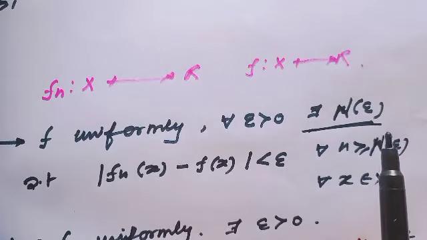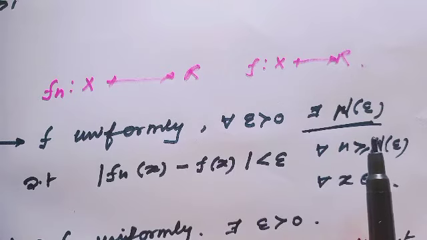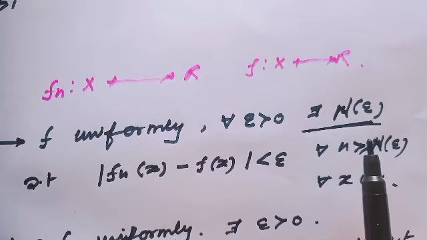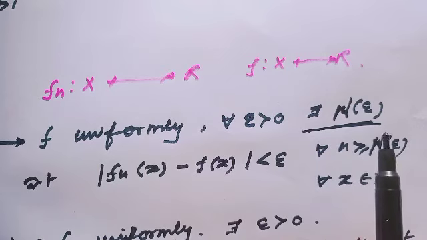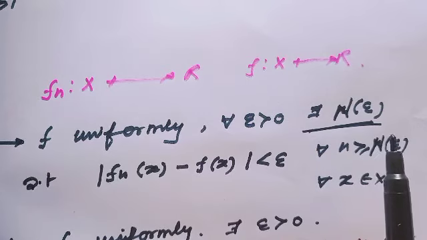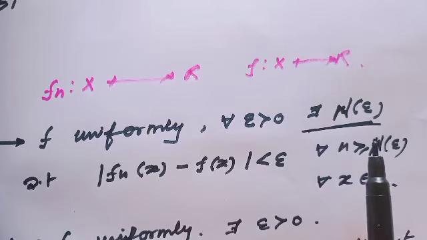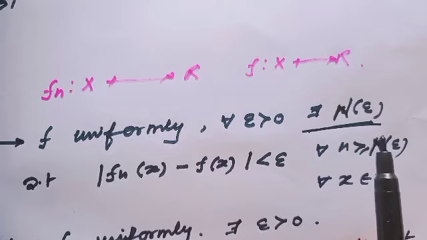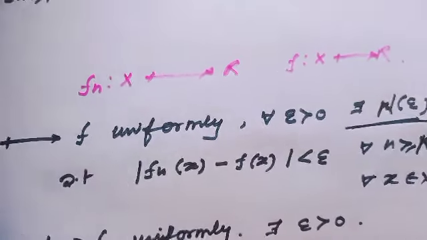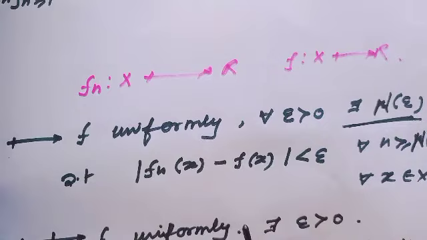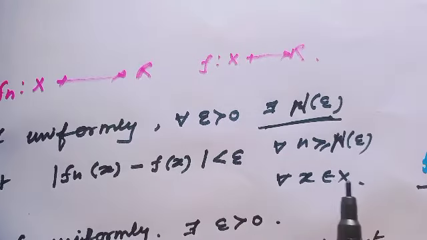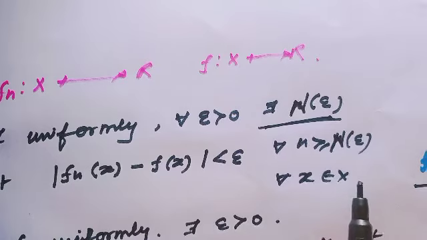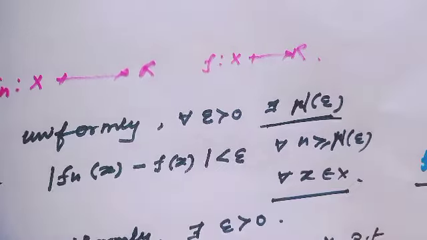This is the actual difference between uniform convergence and pointwise convergence. Because in pointwise convergence, capital N depends on epsilon as well as on the points. But in uniform convergence, capital N depends only on epsilon, such that the absolute value of fn(x) minus f(x) is less than epsilon, and this is true for all n greater than or equal to capital N and for all x belonging to X.